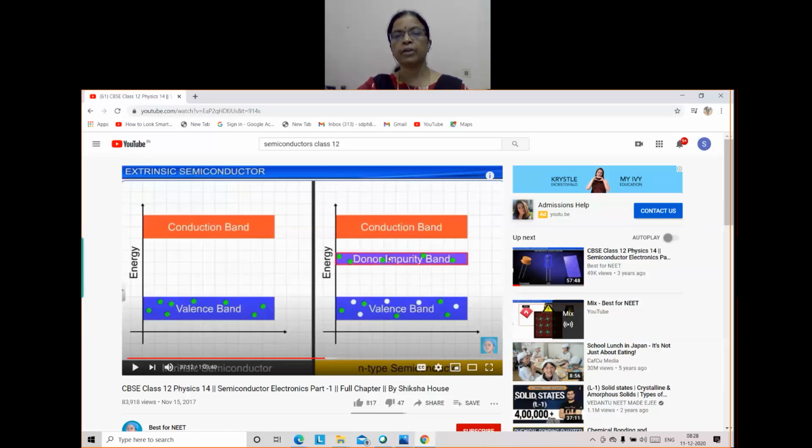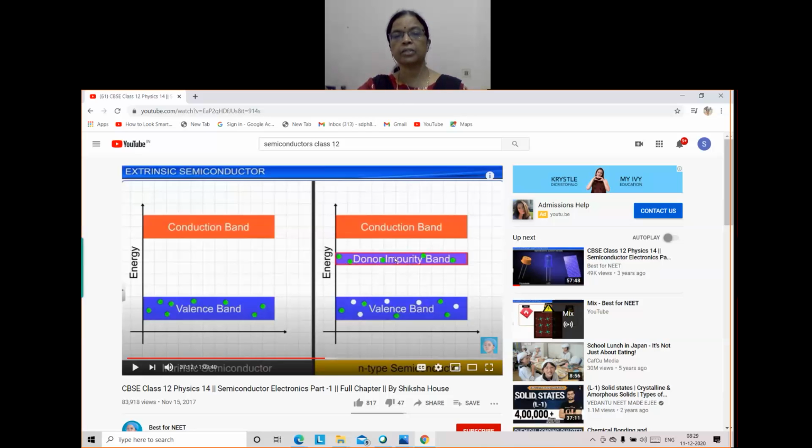So these donor electrons are donated by phosphorus, and that is known as donor impurity, because the impurity is donating electrons to the crystal lattice. That's why that impurity is known as donor impurity. And all the electrons thus created are donor electrons.